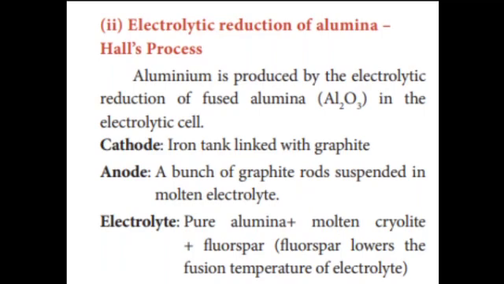In this method, an iron tank lined inside with graphite acts as the cathode. A bunch of graphite rods suspended in the molten cryolite acts as the anode.